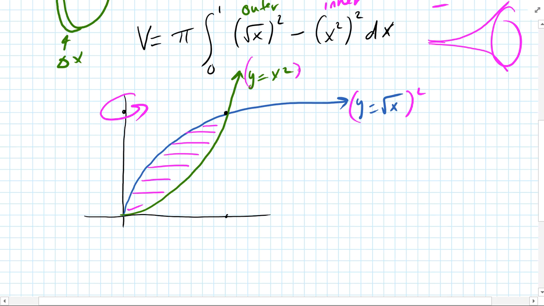So this is x equals square root of y, and this is x equal to y squared.